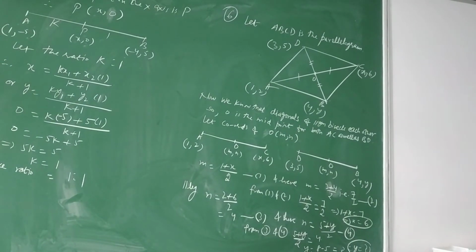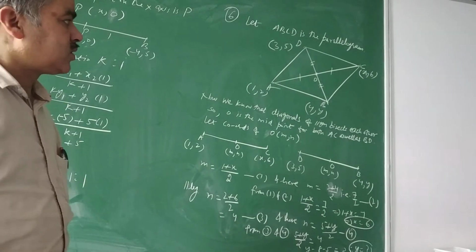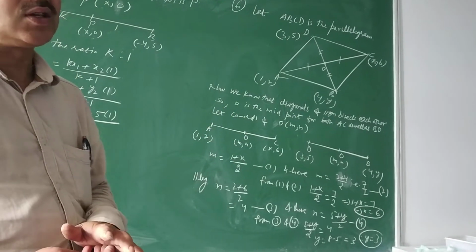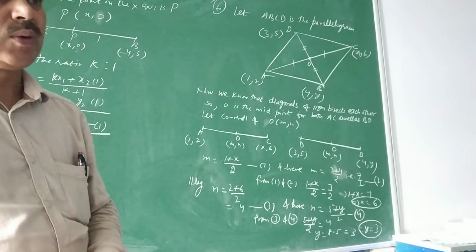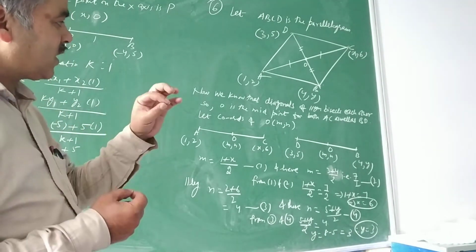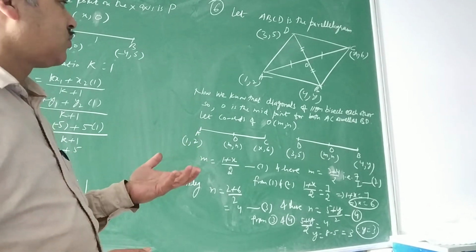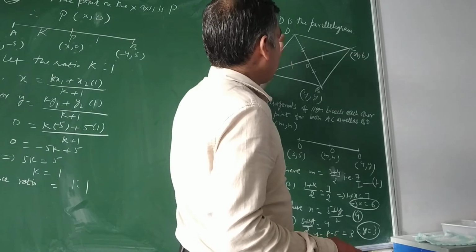To get these values of x and y, you have two options now. You can use the distance formula also, but why is the question given in this exercise of section formula? Why was it not part of your distance formula exercise? It means I can use something from the section formula here. Otherwise, in case of the distance formula, you know in a parallelogram opposite sides are equal.